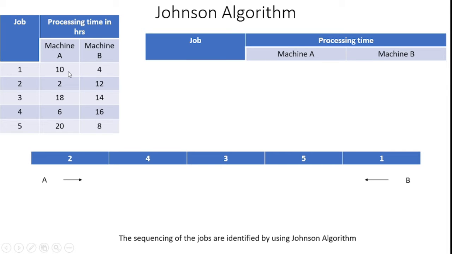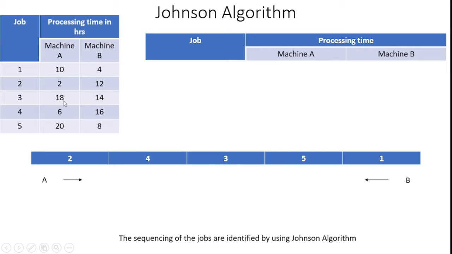So I allocate job 1 into the sequencing box from the right-hand side, because we always allocate machine B on the right-hand side. After that, I delete this row also. Already I allotted the second, and now the first, so I delete both rows.